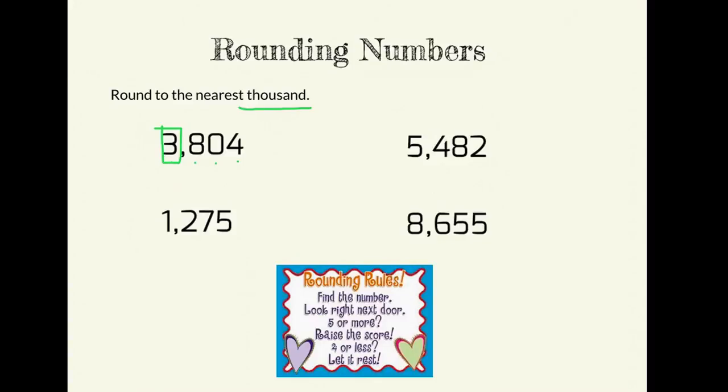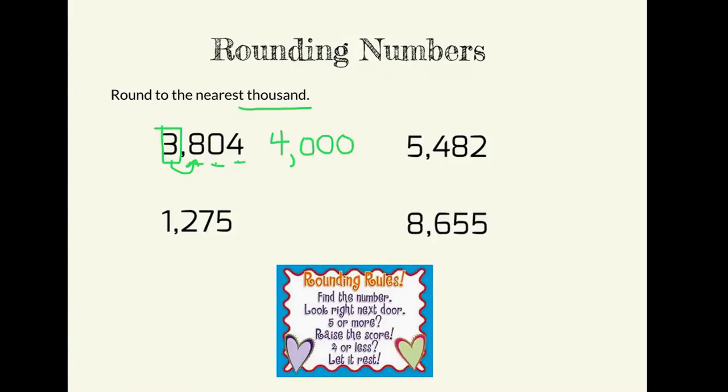So I'll look right next door. 8 is a big, strong number. Remember, 5 or more, raise the score. 8 is more than 5, so it's big and strong. Bumps my 3 up to a 4. Afterwards, all my numbers change to zeros. There were 3 numbers after. Now they're zeros. So it's bumped up to 4,000.